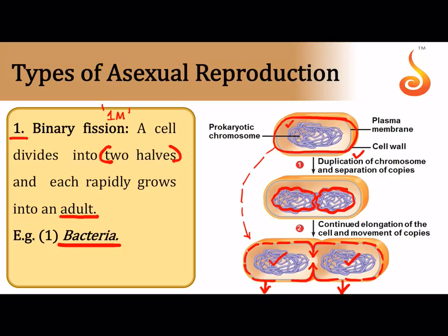Binary means two, fission means splitting. So a cell is splitting into two. Is that clear to all of you? So this example has been given to you keeping in mind the most primitive form of binary fission which is seen in bacteria. Like I said, bacteria belongs to kingdom Monera. Okay?